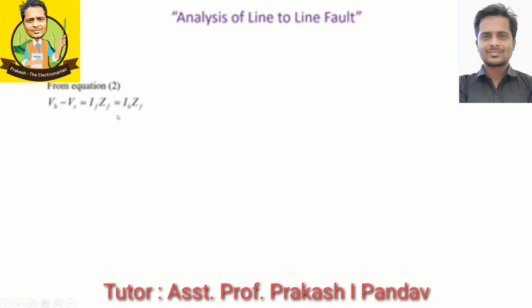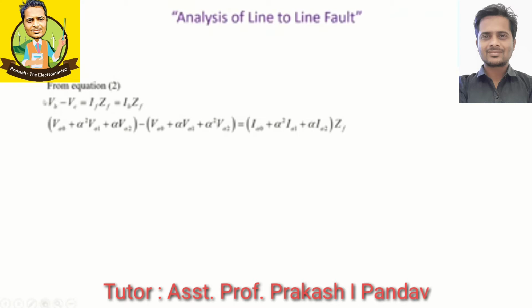Now, equation number 2, VB minus VC is equal to IF into ZF is equal to IB into ZF. So we know the relation between the phase voltage and the sequence voltage, phase current and sequence current.